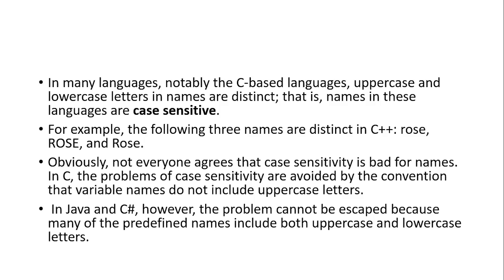Our specialty is that the first p, that is the p for parse, must be small, and the I for int should be capital. That is one example. So we can have both uppercase and lowercase letters in languages like Java and C#.